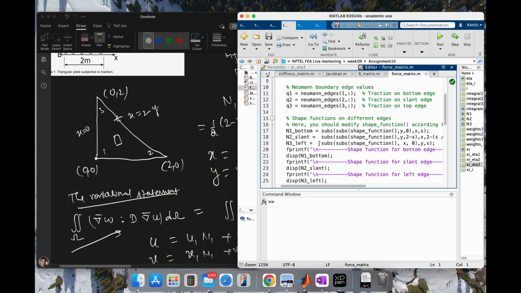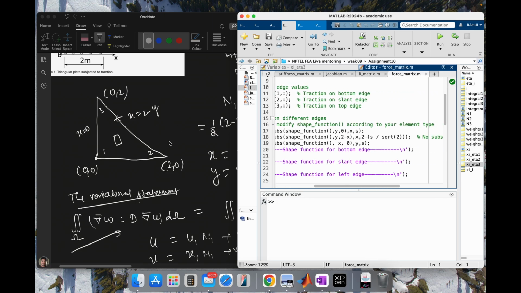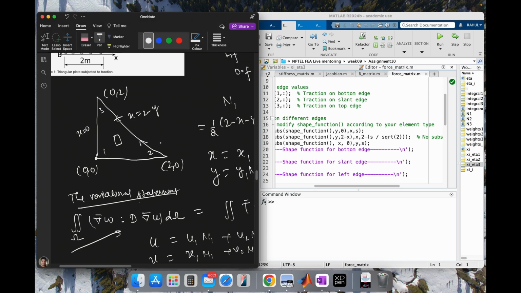Okay, and for the slant edge, we can see that on this edge y will be equal to 2 minus x. If I want to integrate along the x direction, suppose this is s, then what will be the x coordinate?